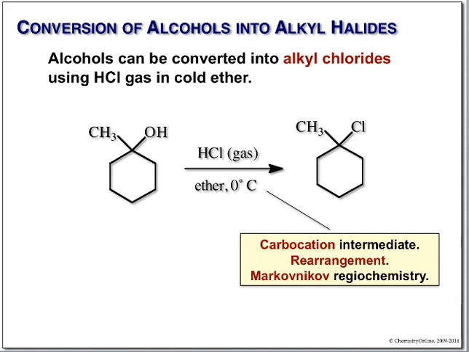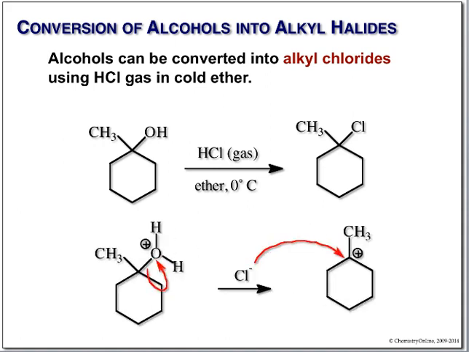New chemistry. This is a very brutal, ugly reaction. There are nice ways to convert alcohols into alkyl halides. We're going to look at 3. Here's our carbocation. There's our mechanism.